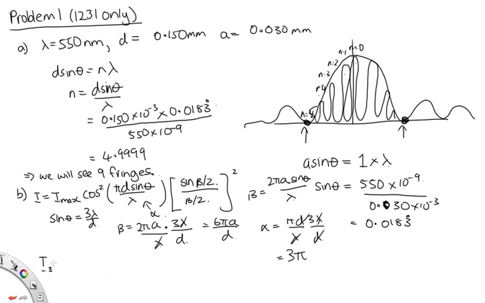So let's now substitute these in. The intensity at the third fringe will be equal to I max, that's the central intensity, times cos squared 3 pi times sine of beta over 2, so that's sine of 3 pi a on d over 3 pi a on d, and this is all squared.